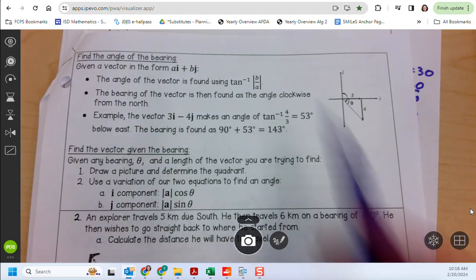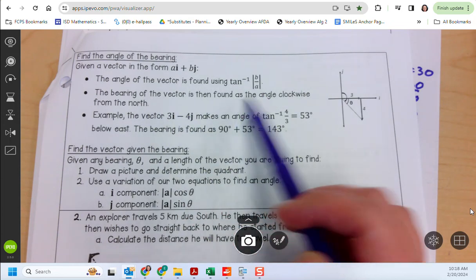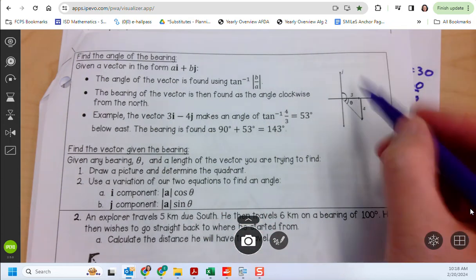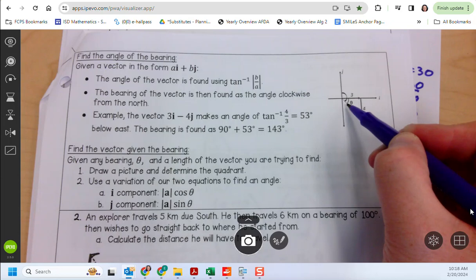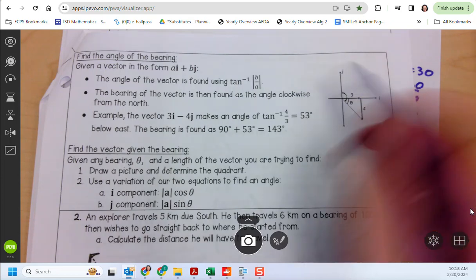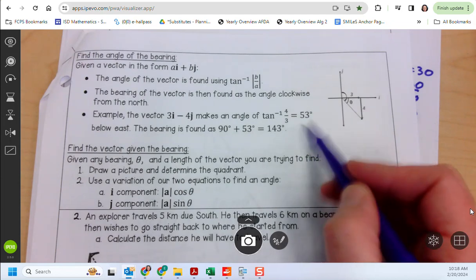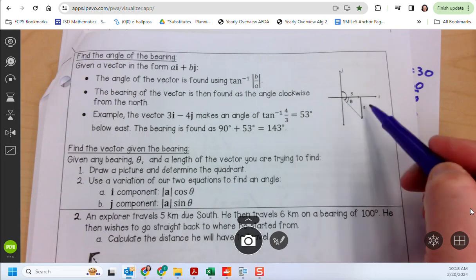The angle of the vector is inverse tangent b over a. The bearing is then found as an angle clockwise from the north. So for example, if this here was 40 degrees, then my entire bearing would be 90 plus 40, which is 130 degrees, because it's starting here and then going all the way around. So this one they're telling you is actually 53 degrees, and so the bearing was 90 plus 53 degrees to get to 143.